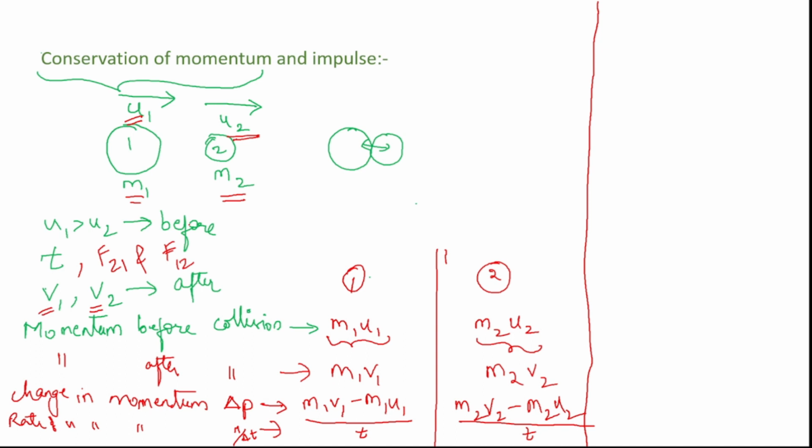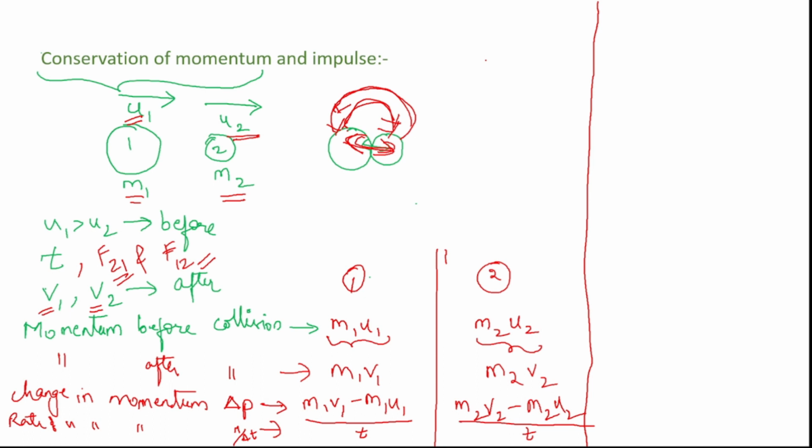So here, when the two objects collide, a force acts on each other. The first object exerts some force on the second object, and the second object also applies some force on the first object. So the force applied by the first object on the second object during collision is F21, and the force applied by the second object on the first object during the collision is F12.